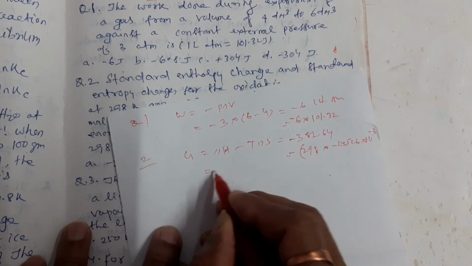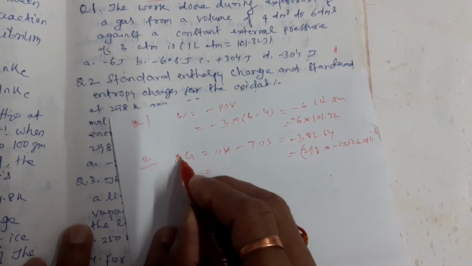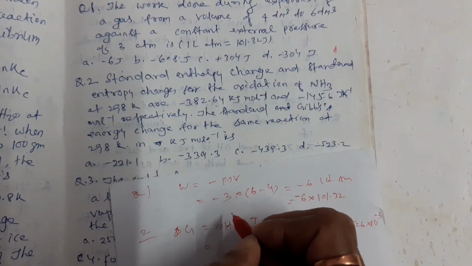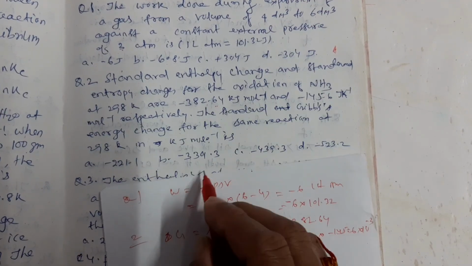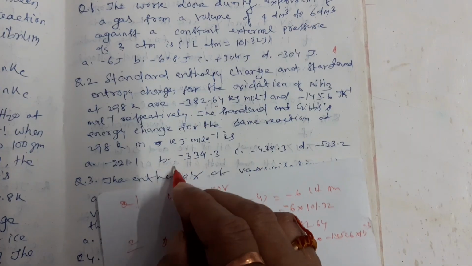By solving you will get delta G is equal to minus 339.3. So choice B is the correct answer.